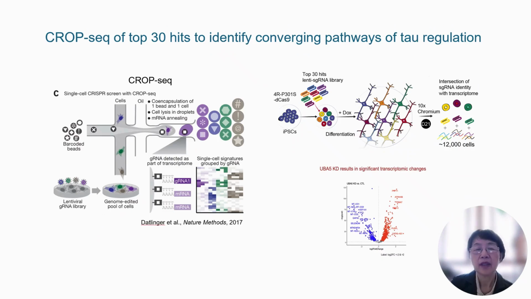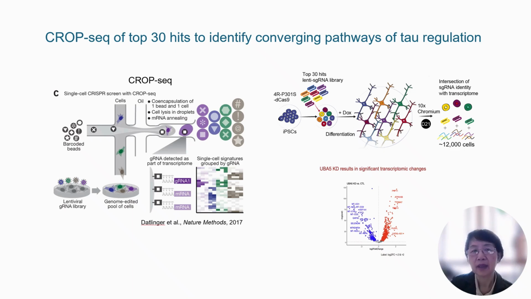To assess transcriptional changes induced by each guide RNA, we performed CROP-seq by transducing a lentiviral library targeting the top 30 screen hits into 4R-P301S dCas9 iPSCs, followed by differentiation.